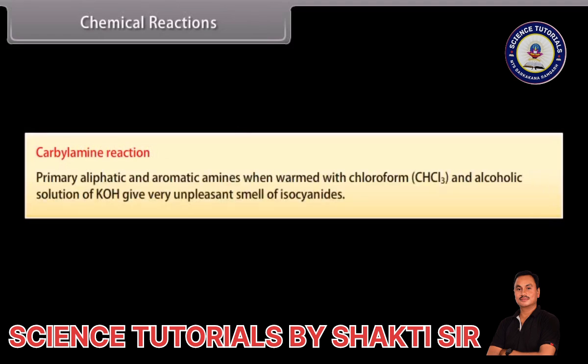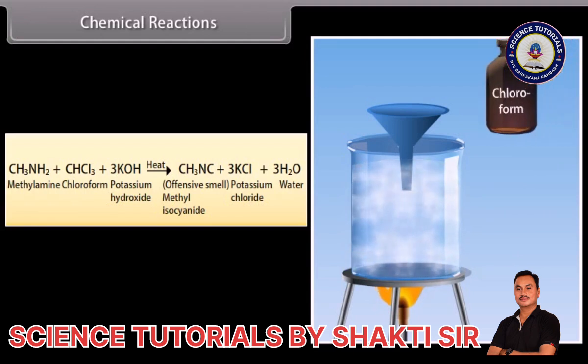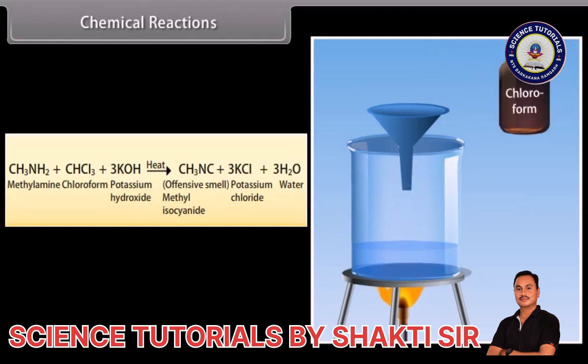Primary aliphatic and aromatic amines, when warmed with chloroform and an alcoholic solution of potassium hydroxide, give very unpleasant smelling isocyanides. Chloroform and alcoholic potassium hydroxide react with methylamine and form methyl isocyanide, potassium chloride and water.